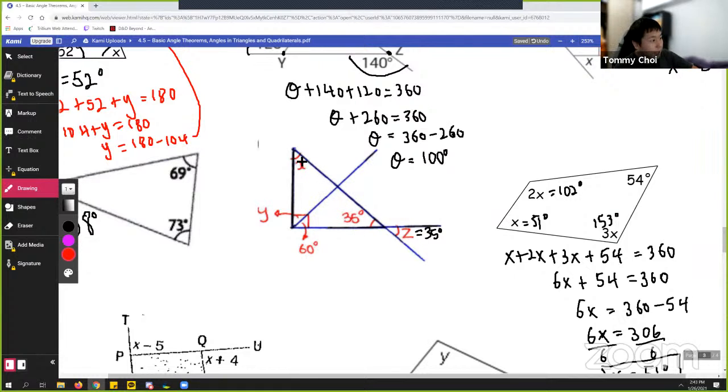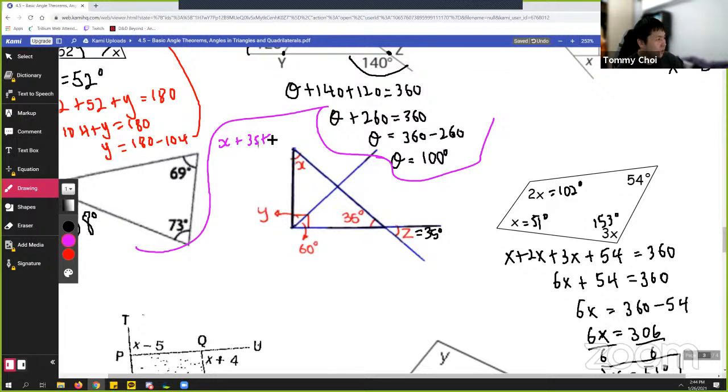Then you can solve for x next. It's actually the easier one. You can notice that this here is a triangle, so you have 90 degrees and 35 degrees. Let's do it up here: x plus 35 plus 90 is equal to 180, the interior angles of that triangle.